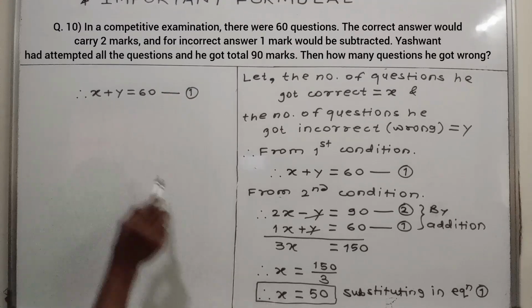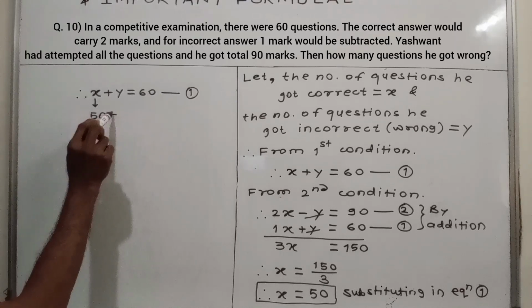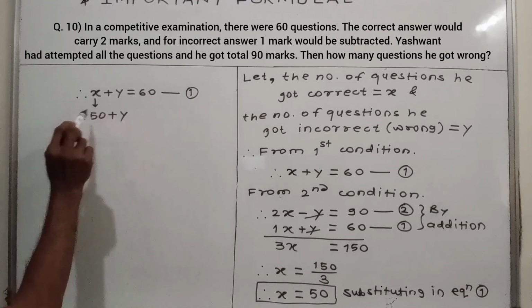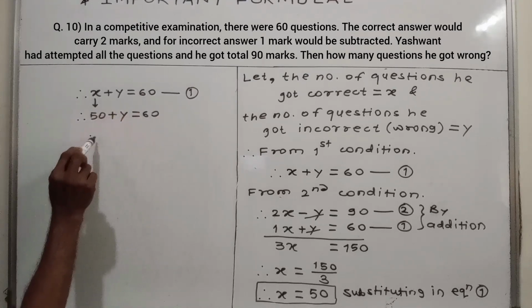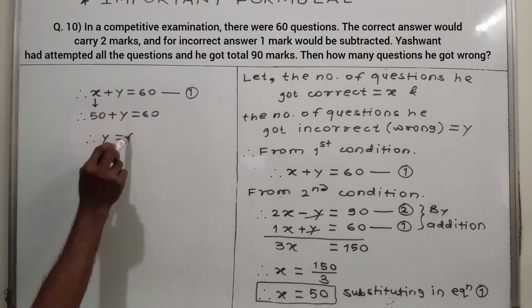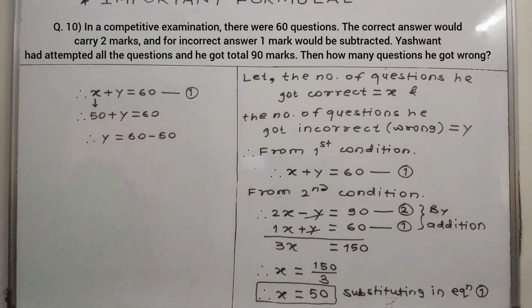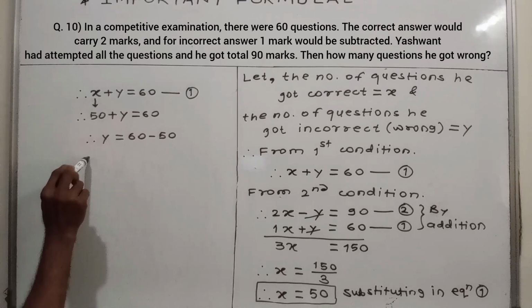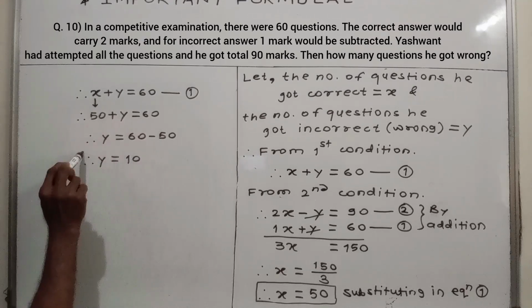We put the value of x here. What is 50 plus y? Therefore, 50 plus y is equal to 60. Therefore, like terms we take together. So we take 50 to the right side, becomes minus. Therefore, y is equal to 10.